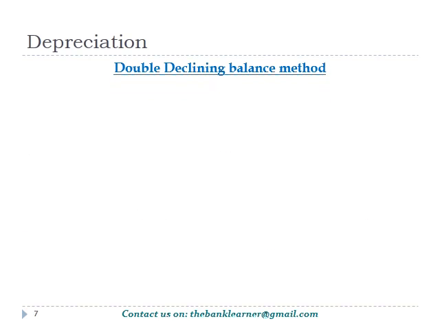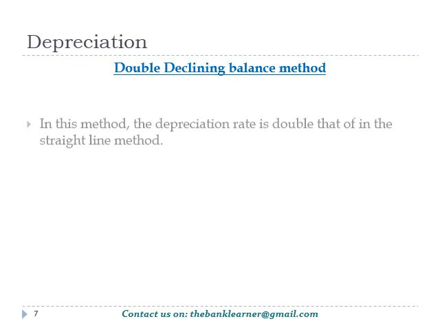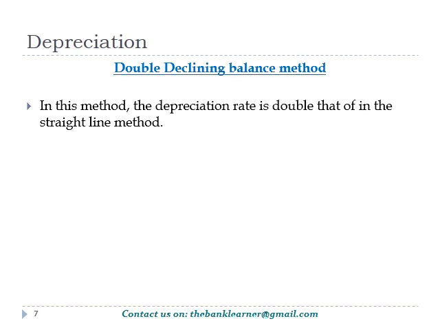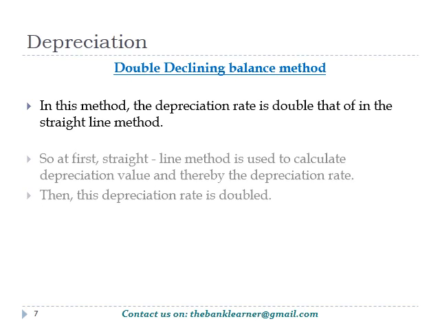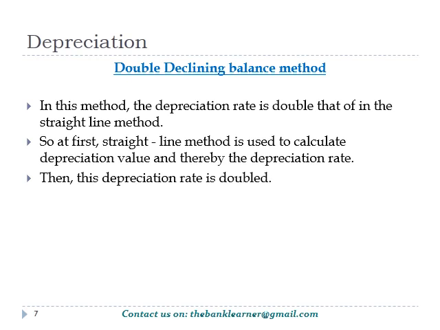Double declining balance method. This is a type of declining balance method in which depreciation rate is double the straight line depreciation rate, that is 200%. Therefore, to compute depreciation, the depreciation value using straight line method is calculated and thereby the depreciation rate.